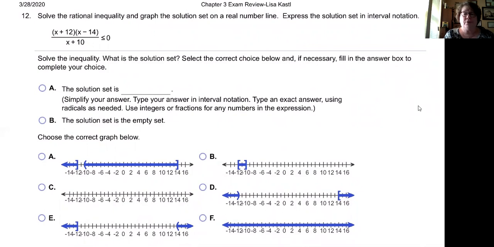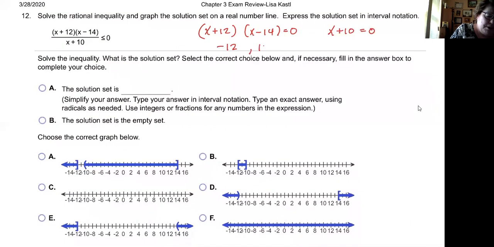This rational inequality is going to have 3 boundary points, because to find the boundary points, you set the numerator equal to 0 and you set the denominator equal to 0. So I get -12, 14, and -10.